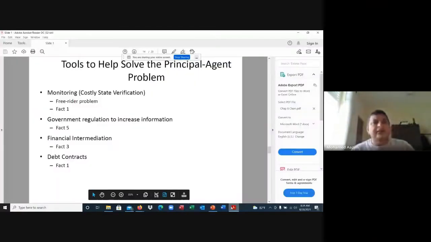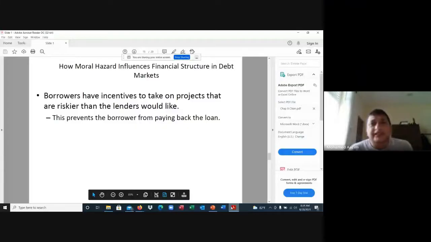Right. So the other element, the so-called moral hazard, which influences financial structures in debt markets, right? So to say that borrowers have incentive to take on projects that are riskier than lenders would like.